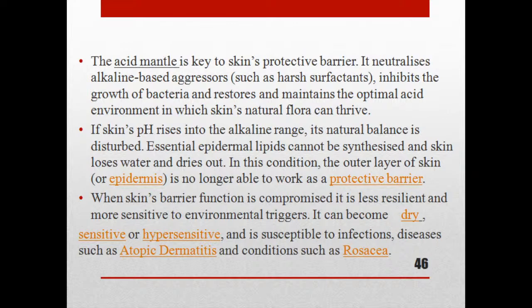When the skin barrier function is compromised, it is less resilient and more sensitive to environmental triggers. It can become dry, sensitive or hypersensitive, and susceptible to infections, diseases such as atopic dermatitis, and conditions such as rosacea.